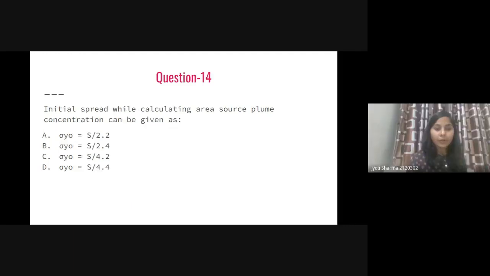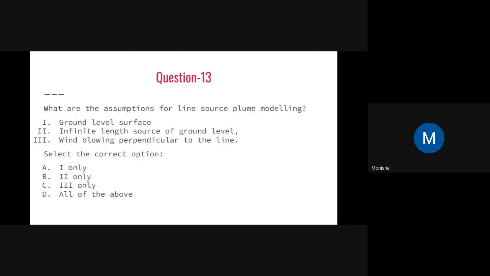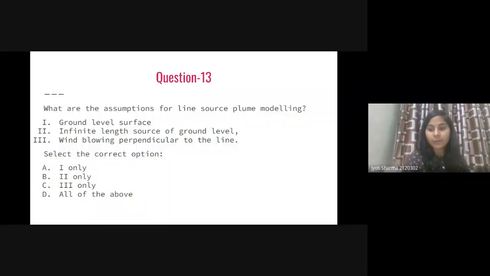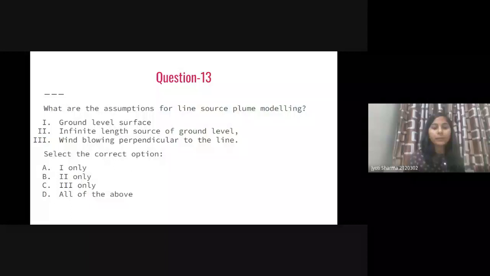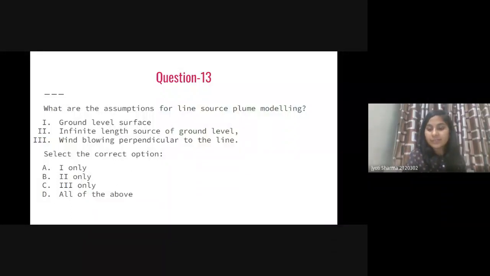So we already talked about that. In my previous slide, we talked about this. Monish, can you mute yourself? In our previous slide, we talked about it, that if it is a line source, then we have some kind of assumption to simplify the equation.